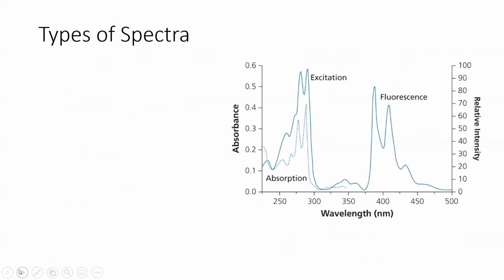So this is sort of what I was getting at earlier. With dual monochromators, we have the opportunity to take different kinds of spectra. We can take that fluorescent spectra, I call this an emission. That's the same thing, right? Fluorescence is a type of emission.